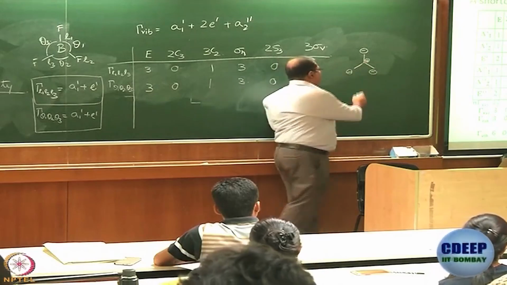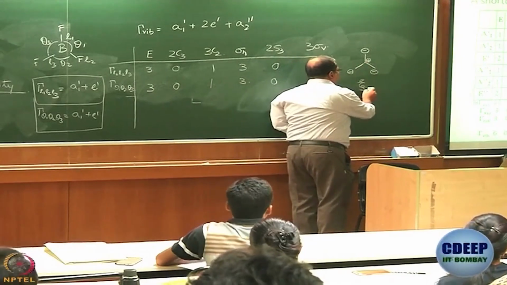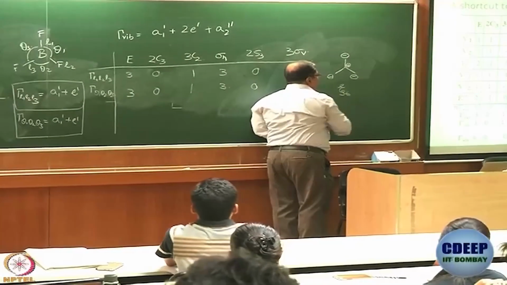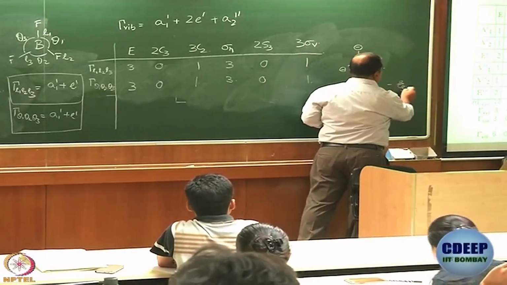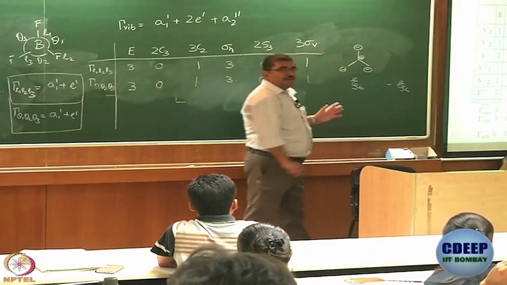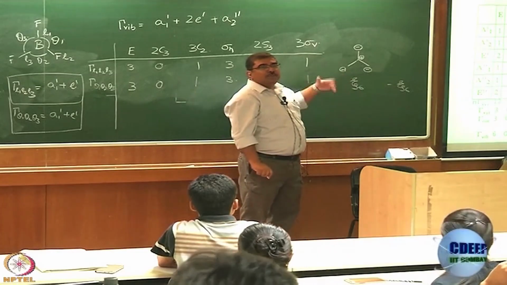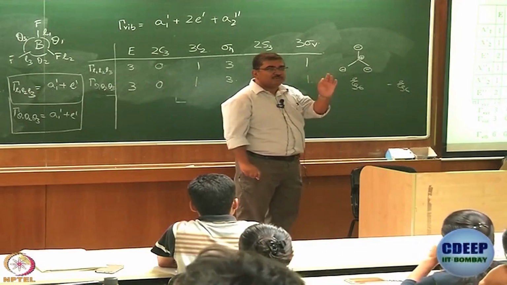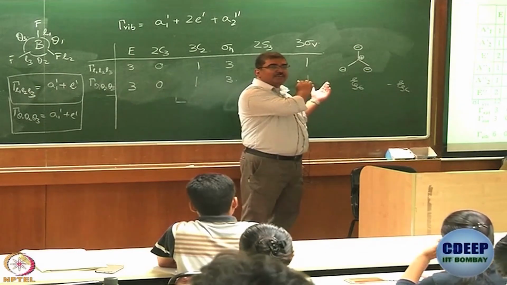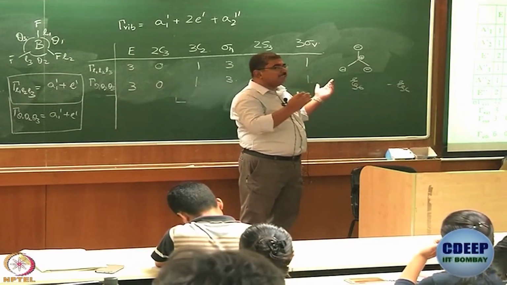If this is called say xi 6, what will minus xi 6 be? This is one of the phases. What is the opposite phase? This plus phase I am defining as the central atom coming towards you, the pendant atoms going away from you. What will the minus phase be?